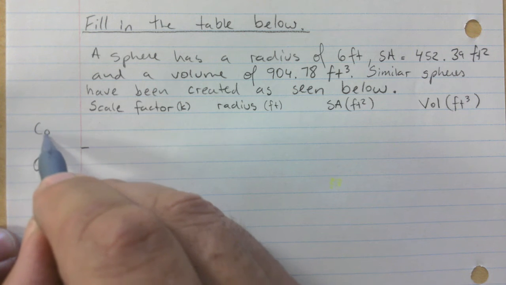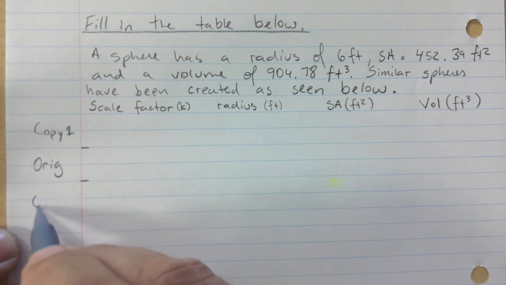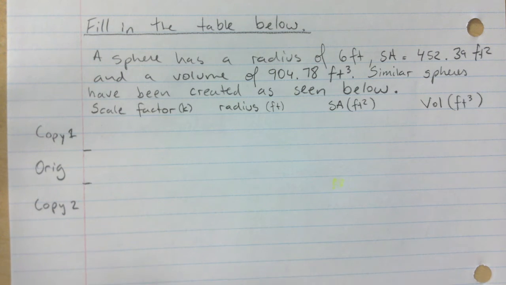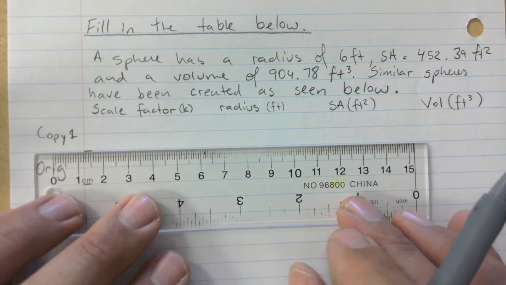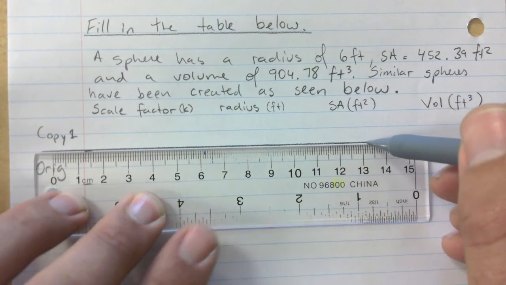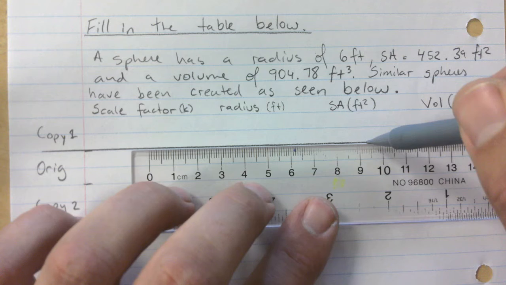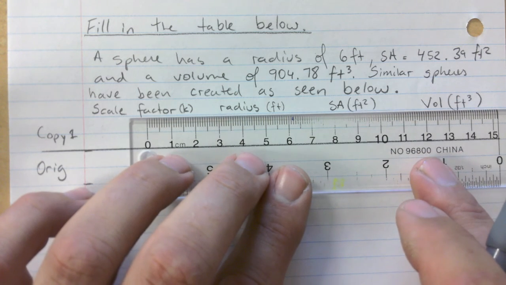This is copy number 1 and this is copy number 2. So now I'm going to start making lines here. I want you to make them tall. Okay, like I'm leaving 2 lines because we're going to do a little bit of work in those cells.